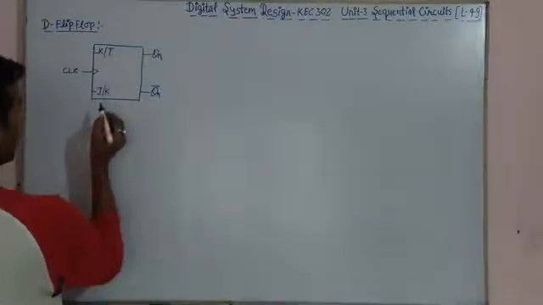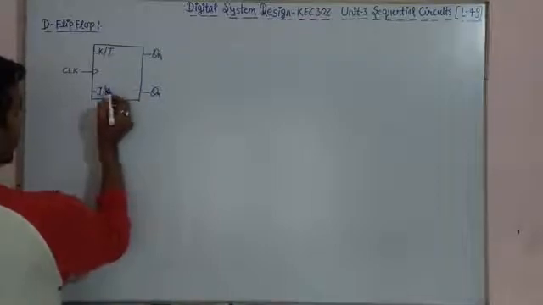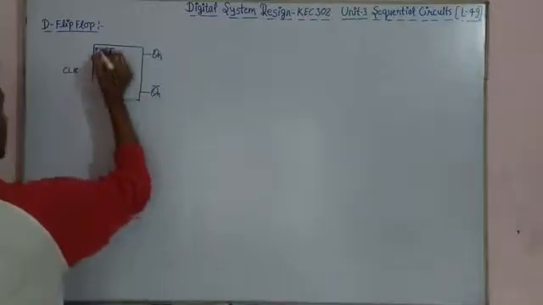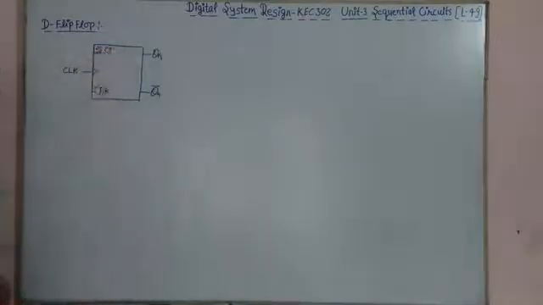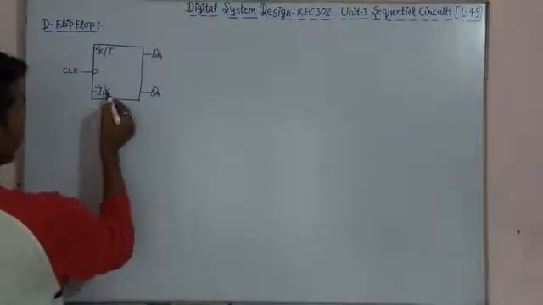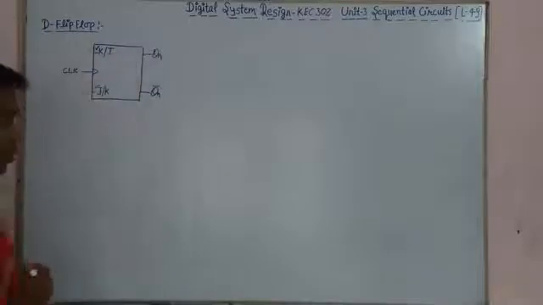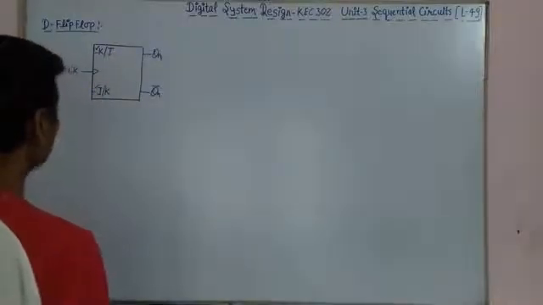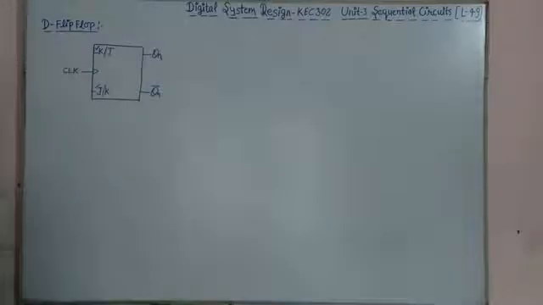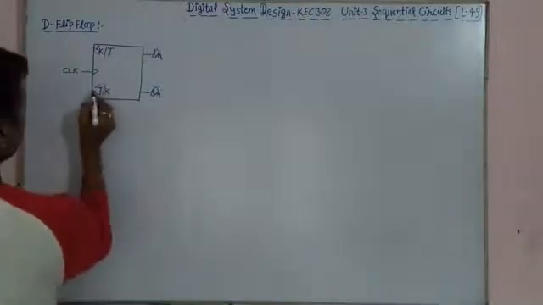If you are implementing the circuit using NOR gate, you can choose J here and K over here. Otherwise, for NAND gate, you will choose K here and J here. So you don't get confused anywhere after looking at any book.